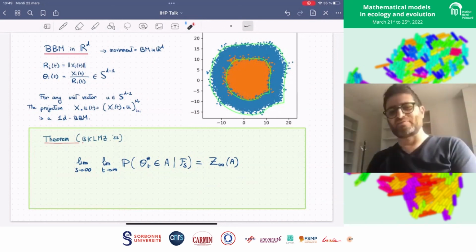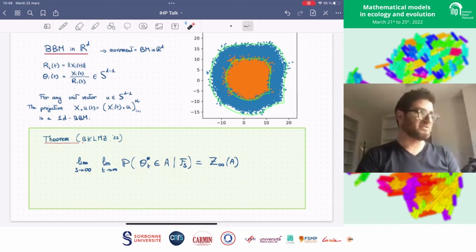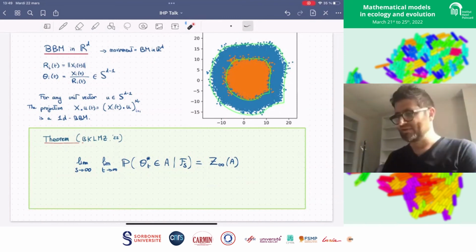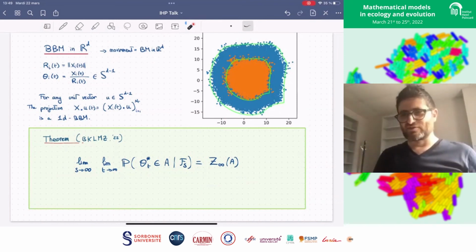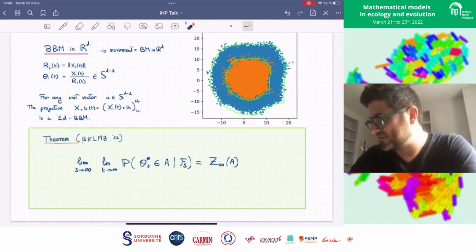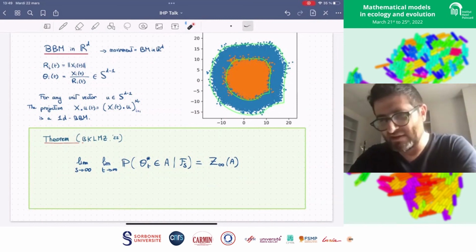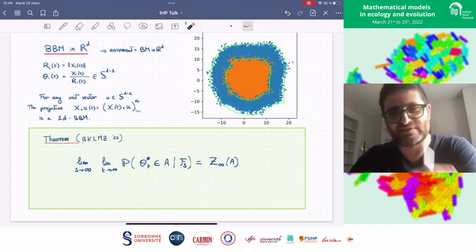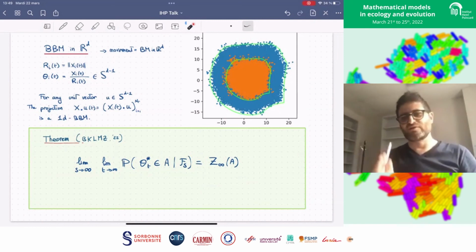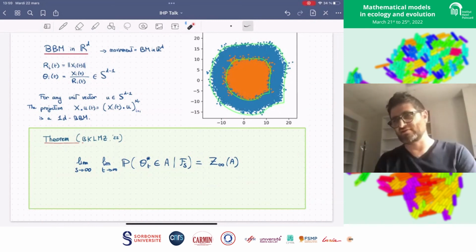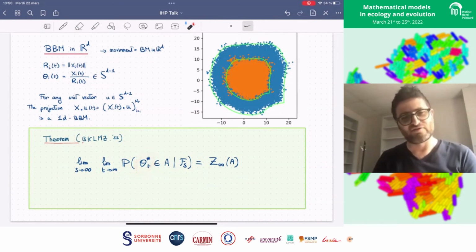Okay, I hope I understood correctly, but correct me if I'm wrong. What I'm saying is that if you ask me at a large time t, in which direction I'm more likely to find this theta star direction, the maximal displacement, well, it's uniform on the sphere at all times t, so I cannot make a good guess.